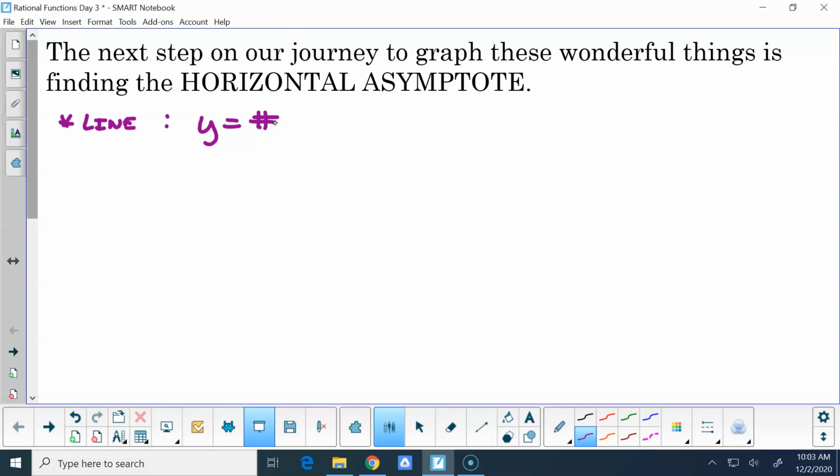Because it needs to be in line form, because it is a line. It's not a number. So it needs to be in that y equals some number form, because all horizontal lines are y equals lines. It will also go on your graph as a dashed line.